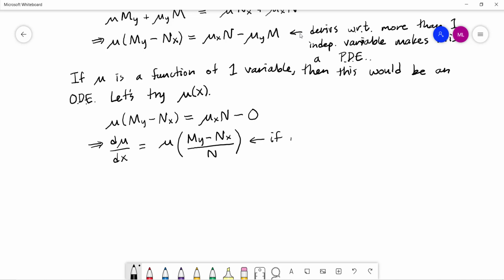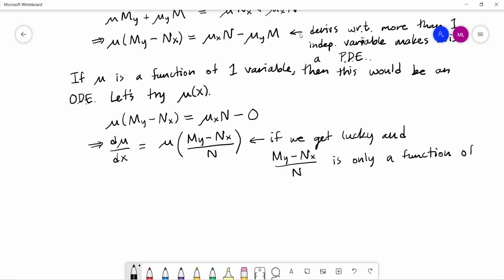So if we get lucky, and this (My minus Nx) over N term is only a function of x, then we can solve the ODE.